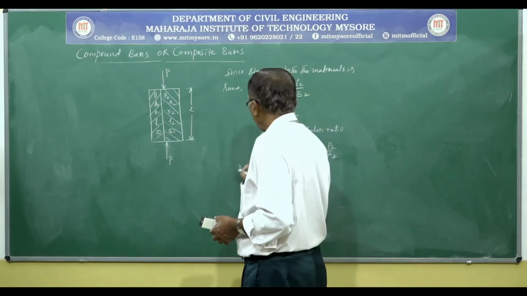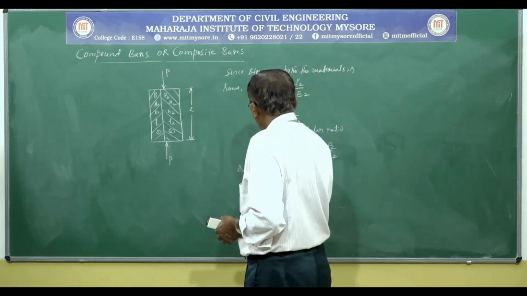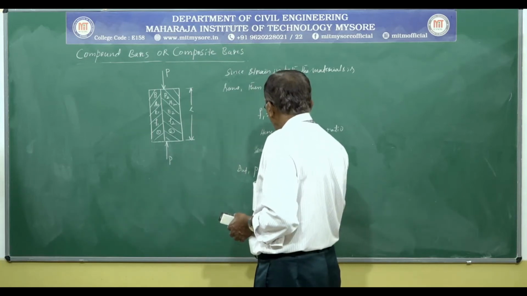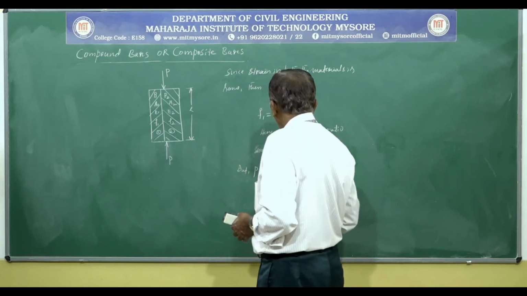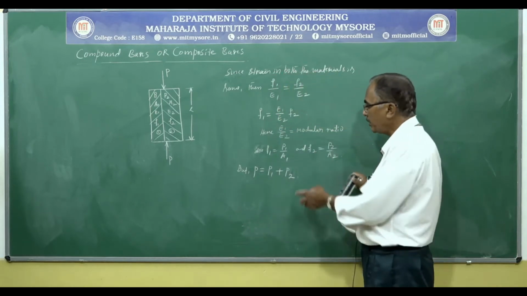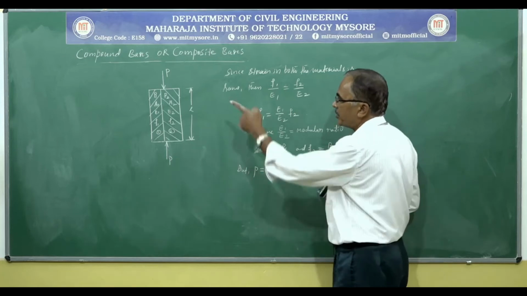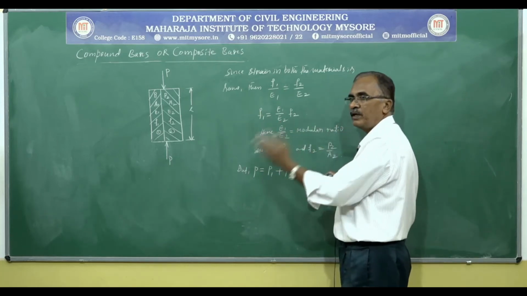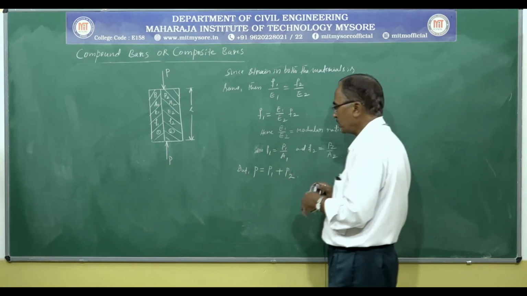The total load coming on the column will be shared by the different materials, P1 plus P2. P1 and P2 will not be the same, that depends upon the material. The stronger material will receive more load, the weaker material will receive less load.